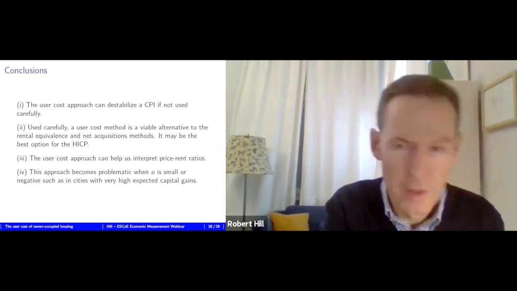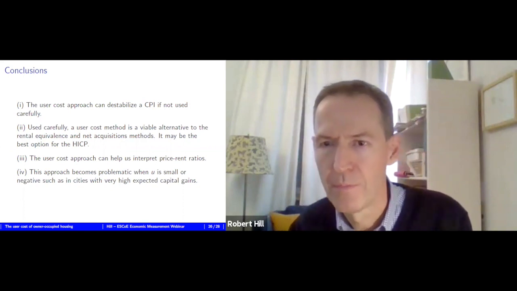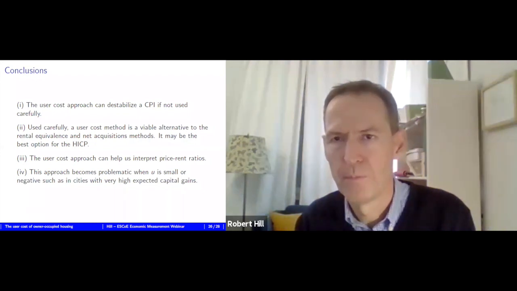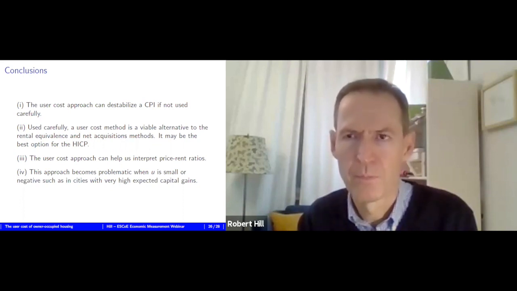Yeah, hi, Robert. Presuming you could hear me, a really useful talk. You've been framing this from the perspective of the CPI, but as you've been talking through your results, I've been trying to think about this from a productivity perspective. I've been doing that by thinking of the rental equivalence price as the output price, and then the user cost as the input price.